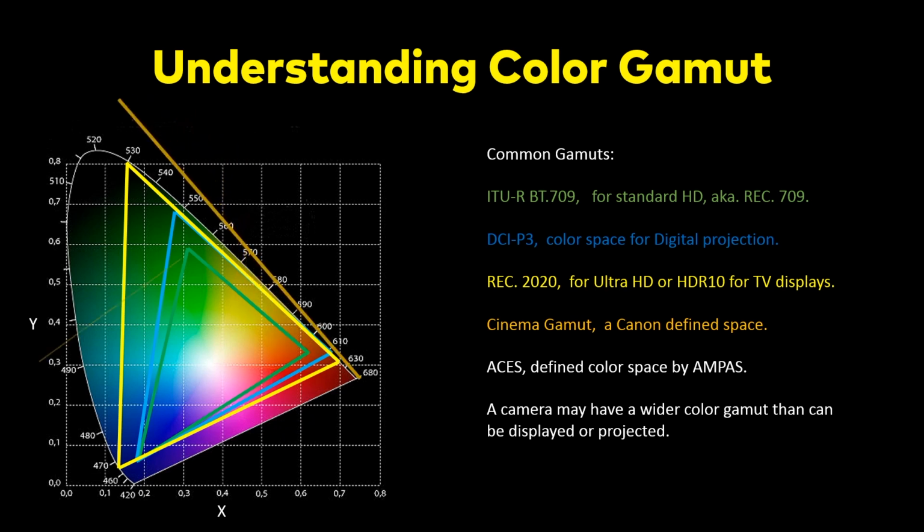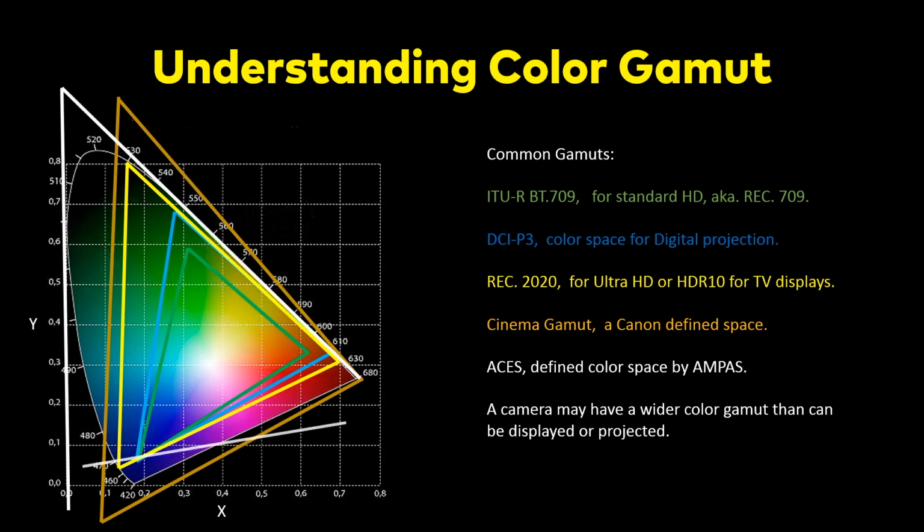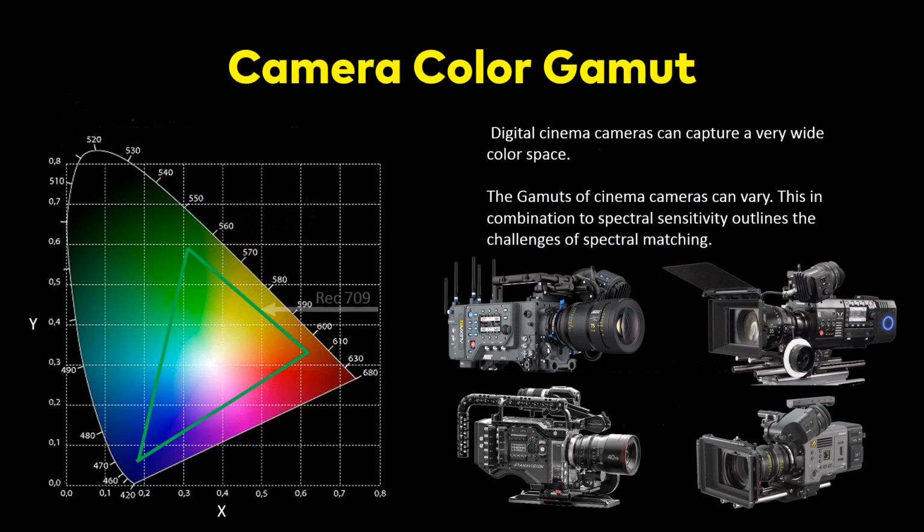Canon uses something called Cinema Gamut, and it encapsulates pretty much all of the CIE space that is reproducible, or that you can hope to generate some light in. And then you have ACES, which encapsulates the entire range, and I'll talk more about that. So these are all very active gamuts in our industry right now, and when you're in post, you'll have the option of working with these.